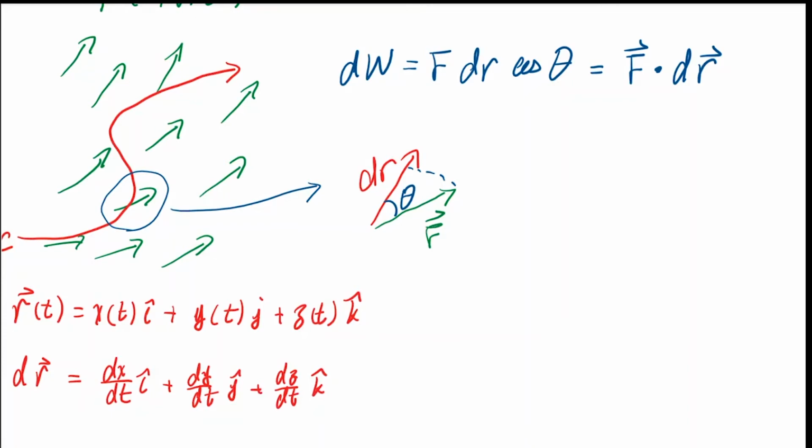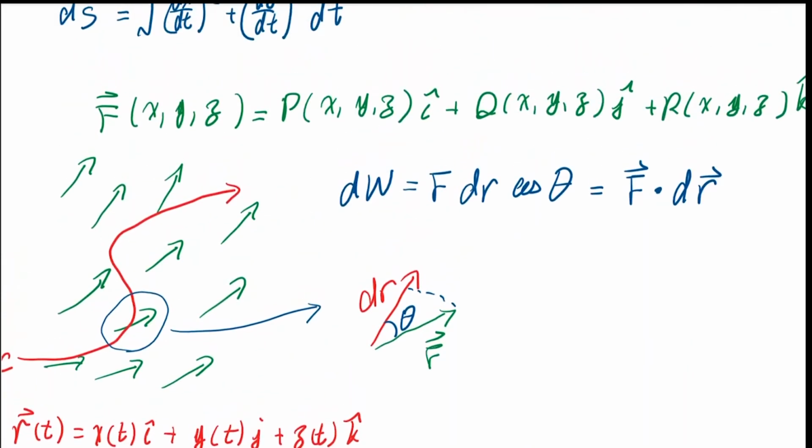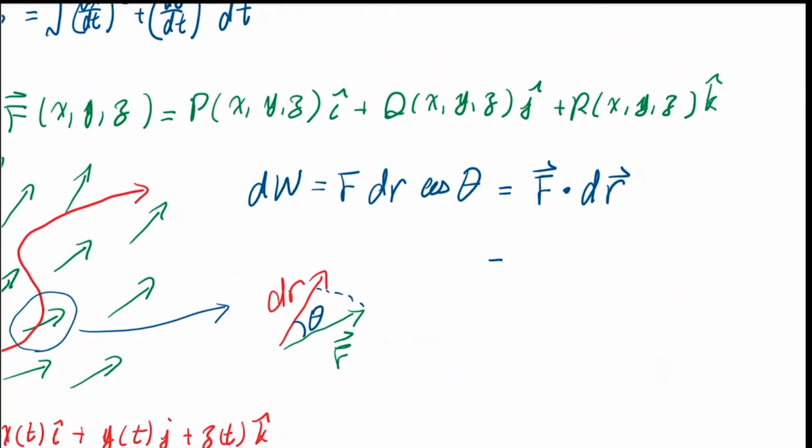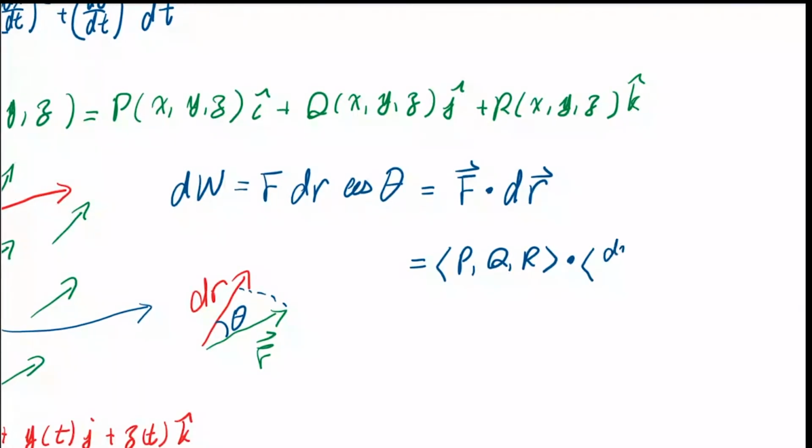Okay, so now we'll take a dot product. So here your F, remember F has this three variable functions in it, P, Q, R, and then you dot it with dx over dt, dy over dt, and dz over dt.